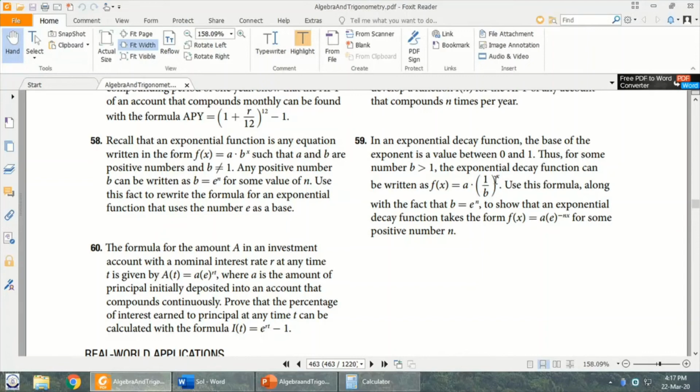Because this is b raised to power minus 1, it is going to be e raised to power minus n, and then the minus would go out, and you can simply have nx outside and the minus separately written, as in the solution that we have here.